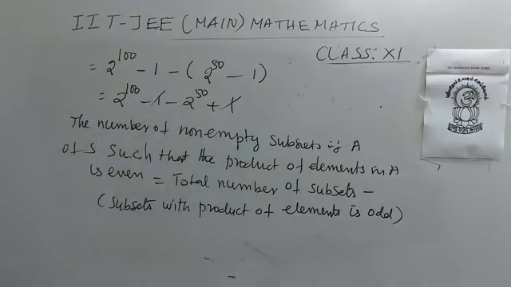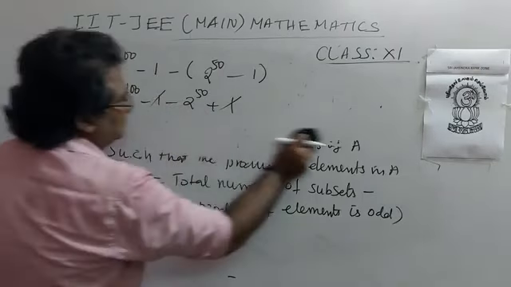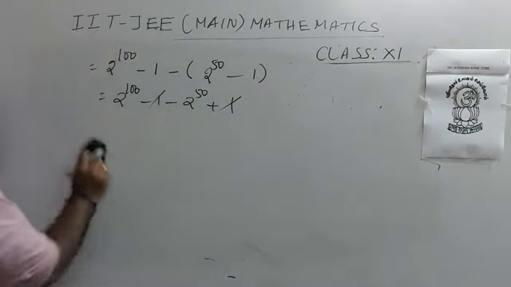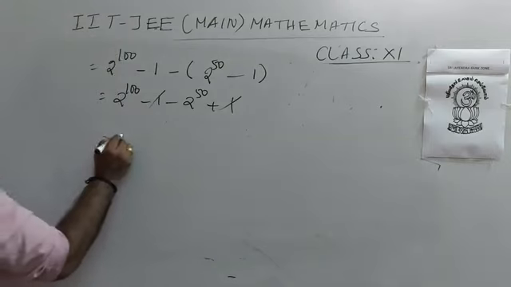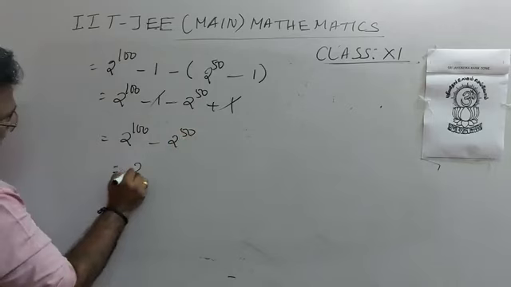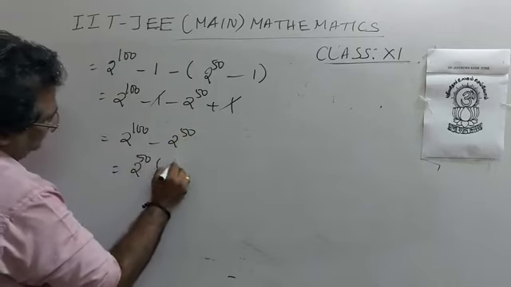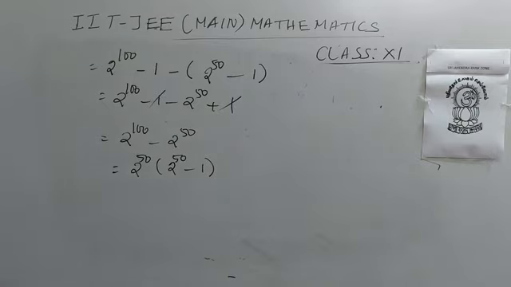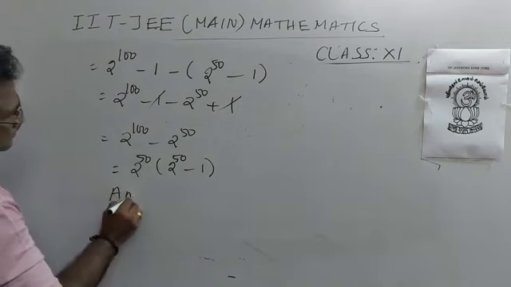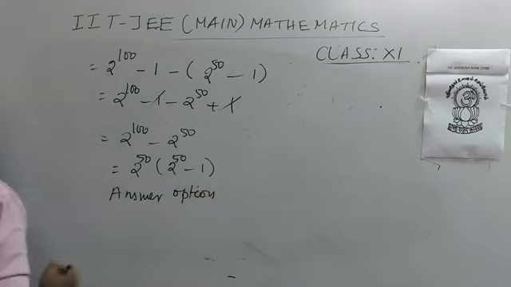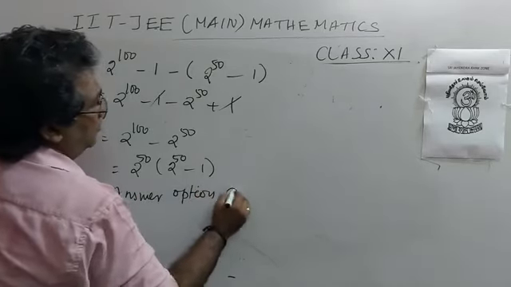This will be cancelled. So 2 power 100 minus 2 power 50, which is 2 power 50 into 2 power 50 minus 1. Answer: option A.